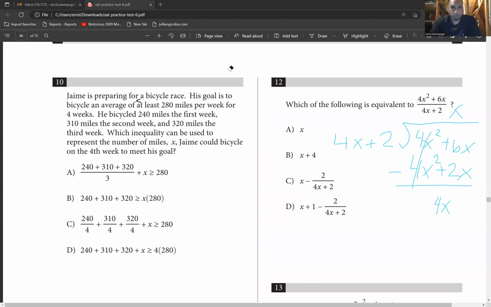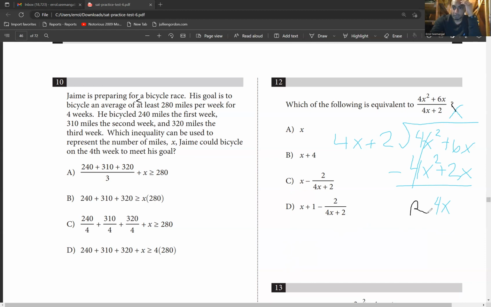Okay, so this is our remainder here, right? So this is the first part. This is the remainder. So it's really x. Let me think about that.